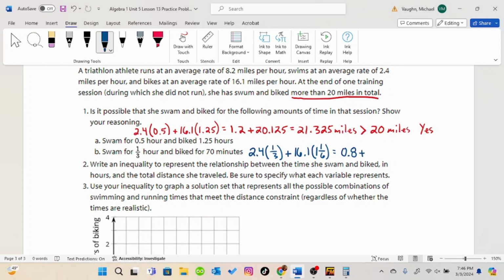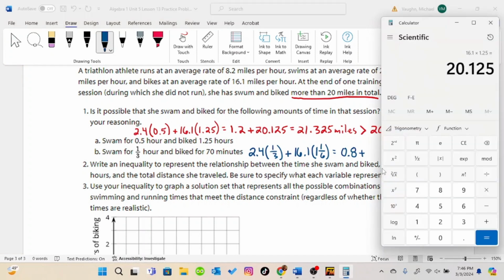And 16.1 times 1 1/6, we're going to say 1 divided by 6, and then we're going to add 1 to that. Now we're going to multiply this by the 16.1, and that equals approximately 18.8.